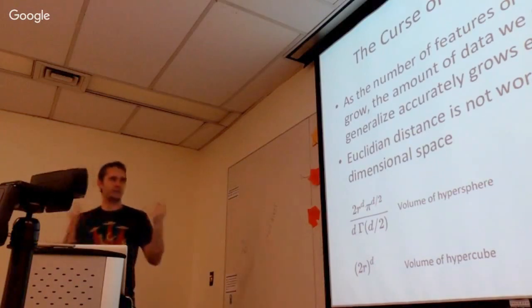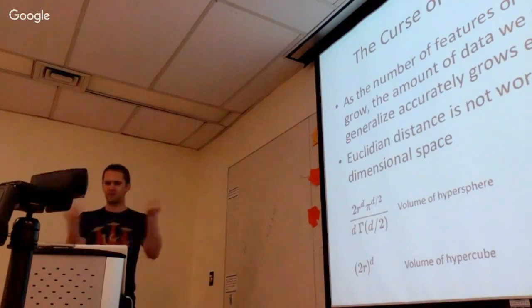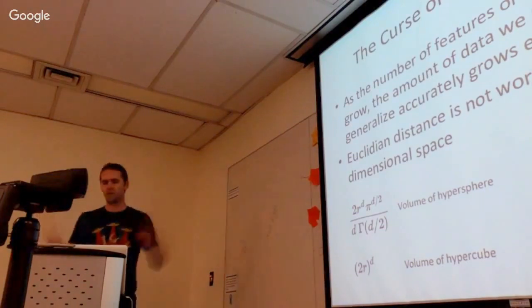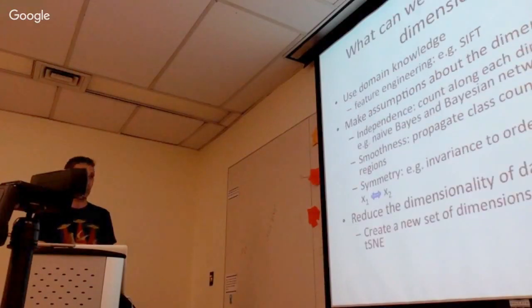If you have these data points in this Euclidean space, what this means is that the distances between these points are kind of all the same because they're all pushed to the outside. So it's just a weird geometric effect that you get from high-dimensional space.